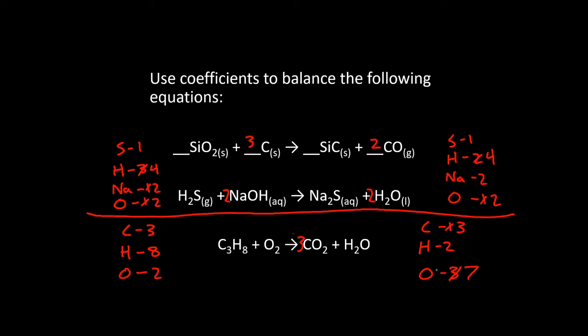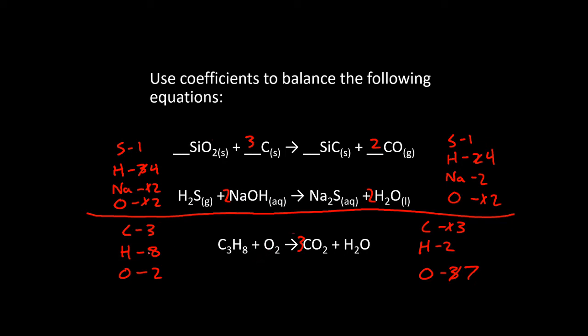We have more oxygens on the right than we have on the left, but increasing the oxygens on the left can only happen by values of 2. We can only get orders of 2 on the left. So there's no way for us to balance the oxygen by just putting integer values in front of the oxygen here. So let's go ahead and balance the hydrogen first and see what happens.